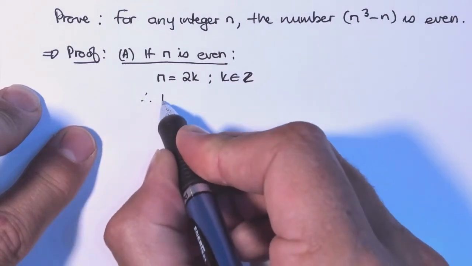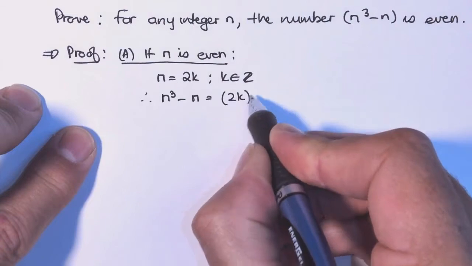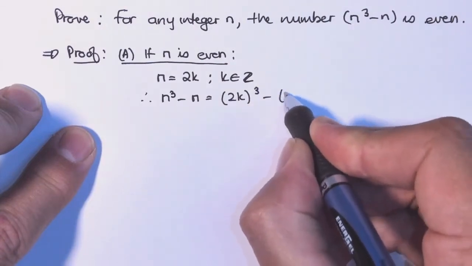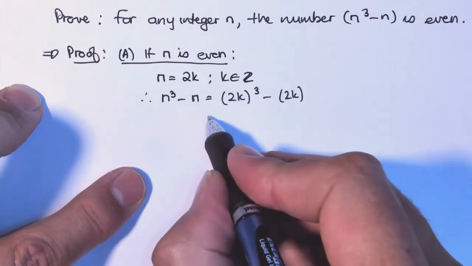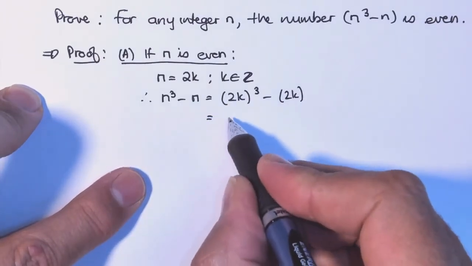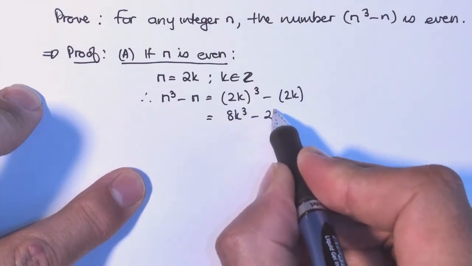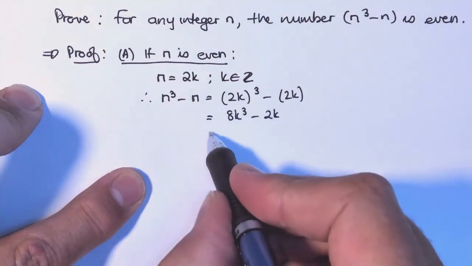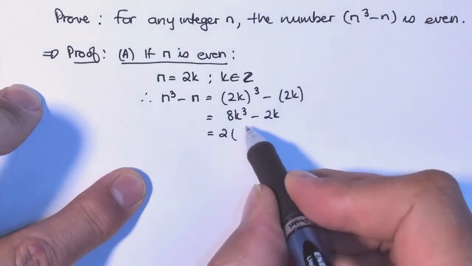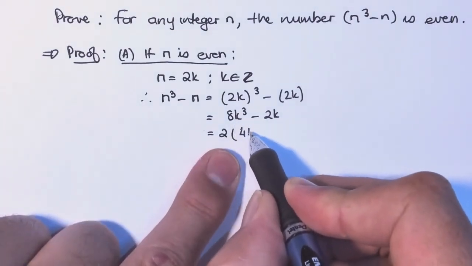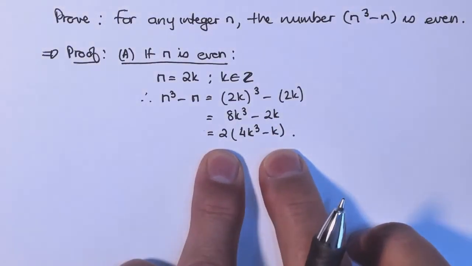Therefore, n cubed minus n will be 2k cubed minus 2k. Now all we need to do is remove a 2. That gives 8k cubed minus 2k, and removing a 2 leaves 4k cubed minus k. Now what is that?